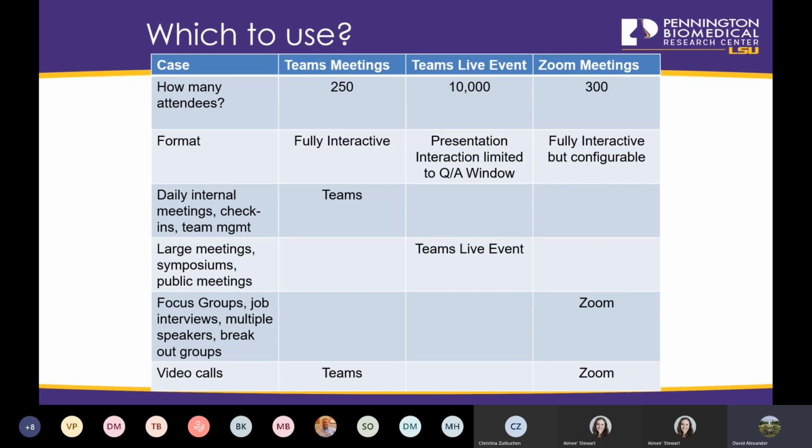So if you're only trying to meet with a group that is less than 250 users at one time, Teams meetings are fine. Once those Teams meetings grow, though, to a large size that you may not be able to predict, a live event allows you to scale that up to 10,000 attendees, and I believe this is about to be extended by Microsoft.